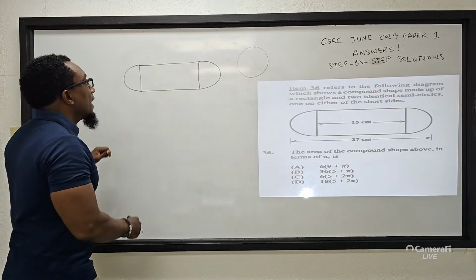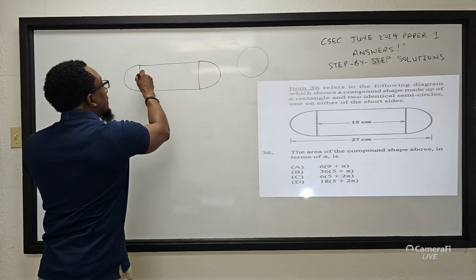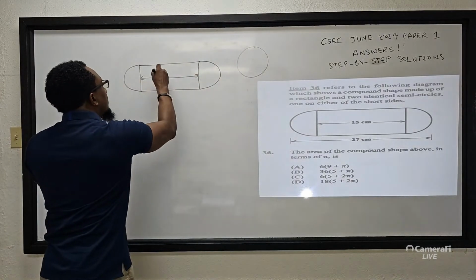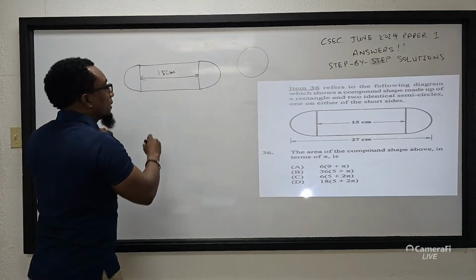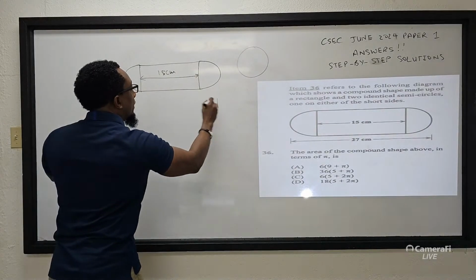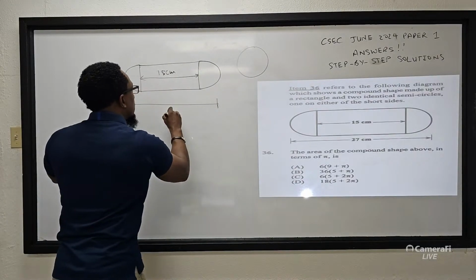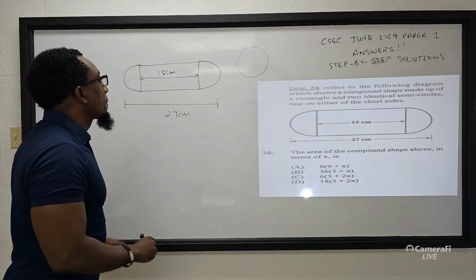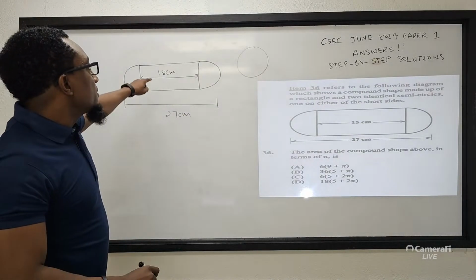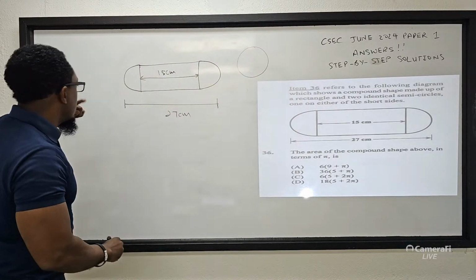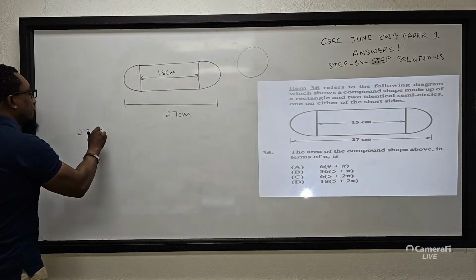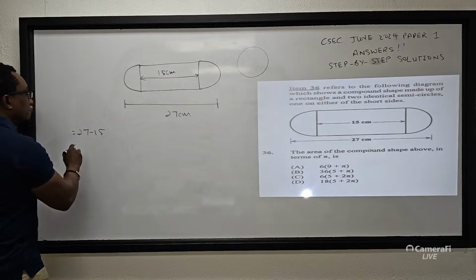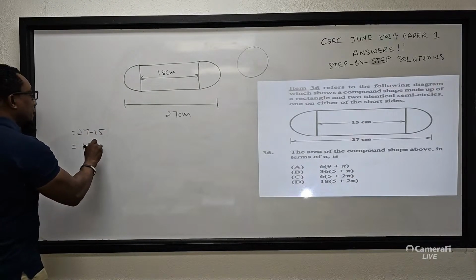We know that this length from here to here is 15 centimeters. This length from here to here is 27 centimeters. Now, if I subtract 15 from 27, that gives me 12 centimeters.